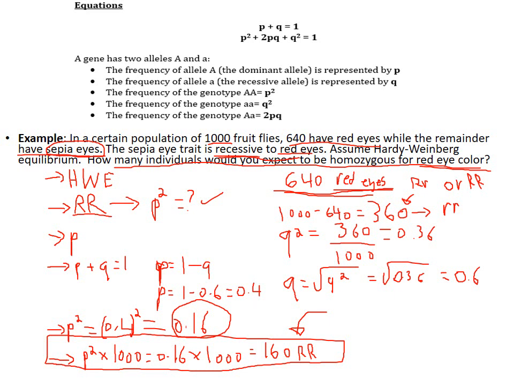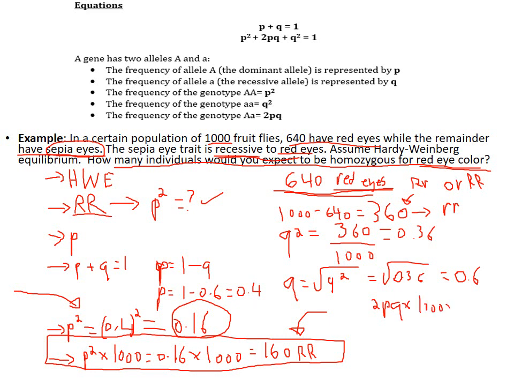So again, we did a question here where we assume the Hardy-Weinberg equilibrium. If the population is in Hardy-Weinberg equilibrium, you can find P and Q and figure out the frequencies of the other individuals by figuring out P squared, 2PQ, and Q squared where needed. So I could have changed this question to ask you for heterozygous individuals instead. You would have done 2PQ times total number of individuals.